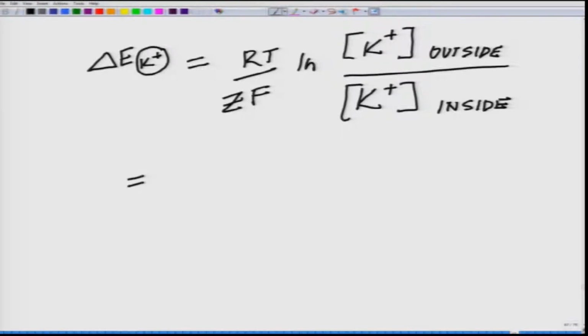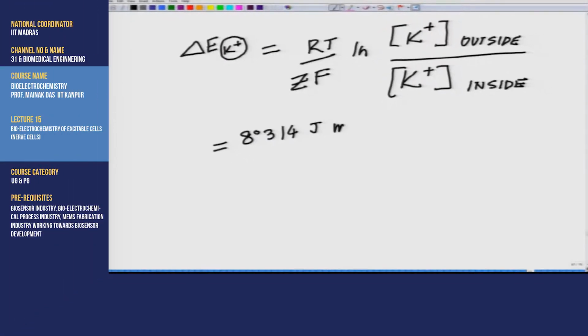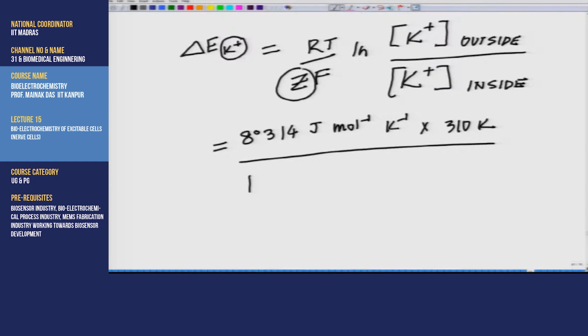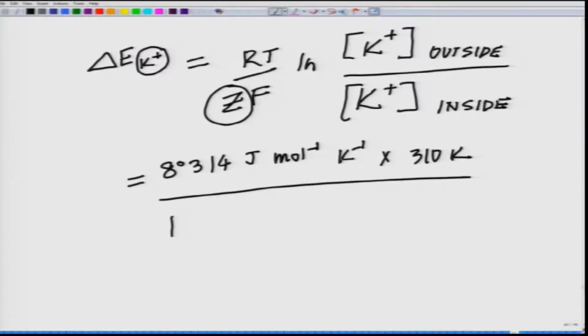That brings us to 8.314 joule per mole per Kelvin, multiplied by 310 Kelvin, divided by 1, which is the potassium ion with one electron transfer, multiplied by the valency, and 96,485 coulomb.